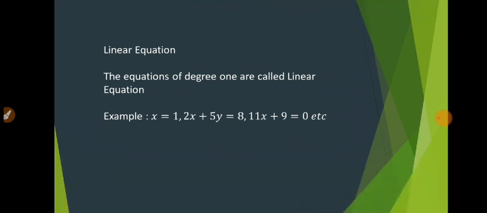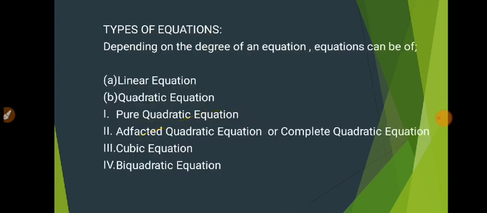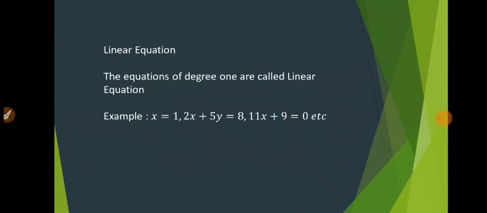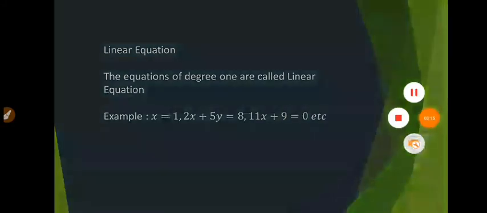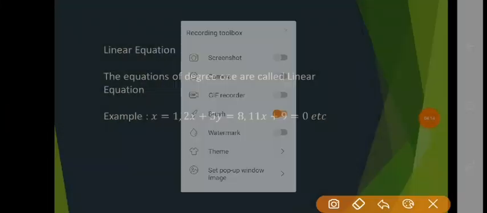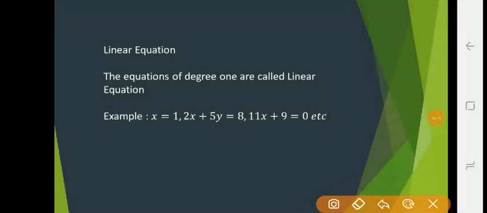Linear equation means the equation of degree 1 is called a linear equation. Look at the examples I have quoted: x is equal to 1, 2x plus y, 5y is equal to 8, 11x plus 9 is equal to 0.